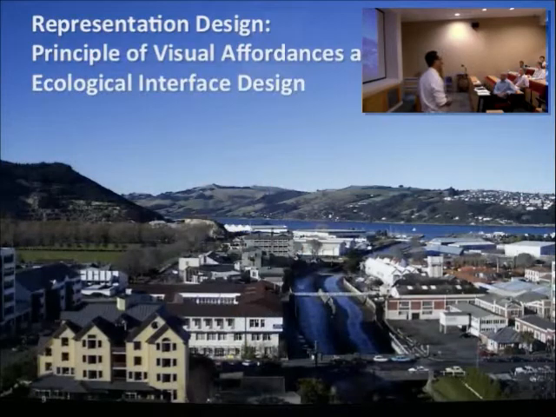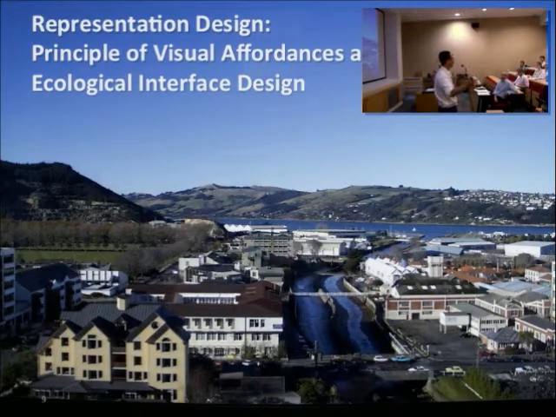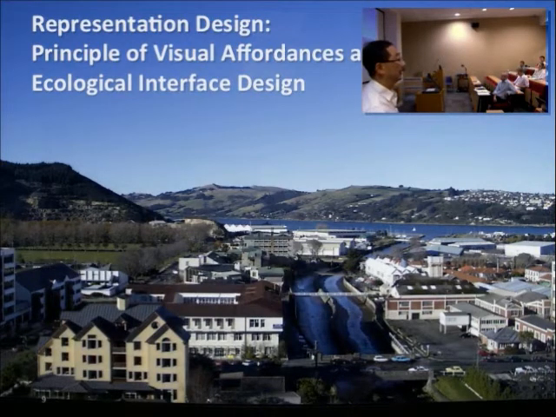Now, to help you understand this notion of being able to see what the ecology of your workspace is about, I thought I'd try to show you this particular photograph. I don't think it comes up very clearly, but I think it's good enough to see that it's a photograph from my old office when I was still working back in New Zealand at the University of Otago. That's the Otago Harbour out there, okay, a big piece of water.